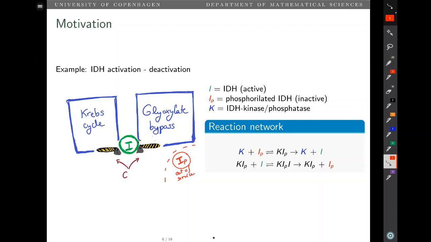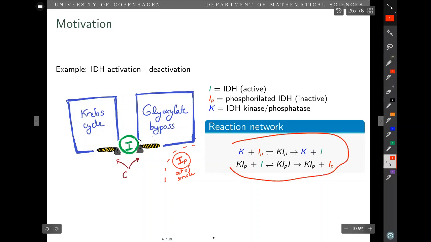On the other hand, with different rates, I omitted the rates here, by means of these intermediate species that were created here, an active enzyme becomes inactive. So this K helps my enzyme get or lose this phosphate group, and this is our reaction network.